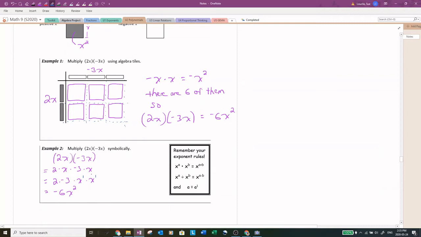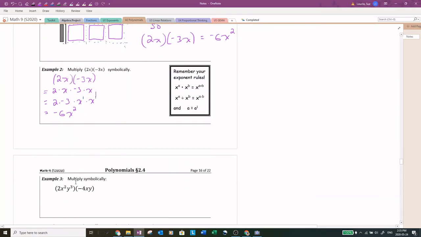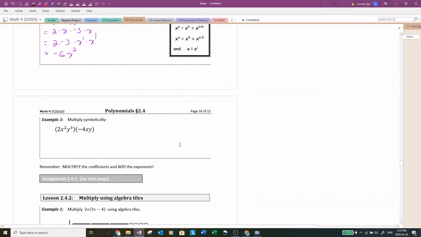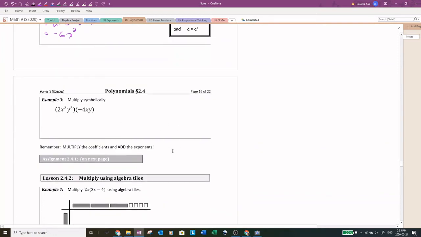That's it for multiplying monomials. There's one more thing to show you, just a more complicated example. If I break this down, this is 2 times x squared times y cubed times -4 times x times y, and then I rearrange them.